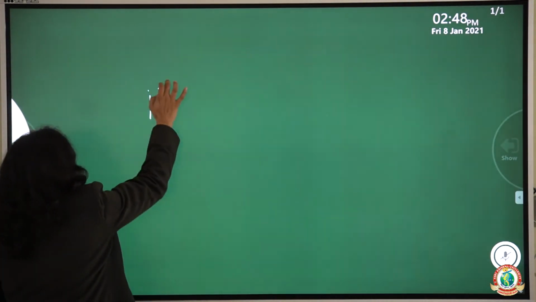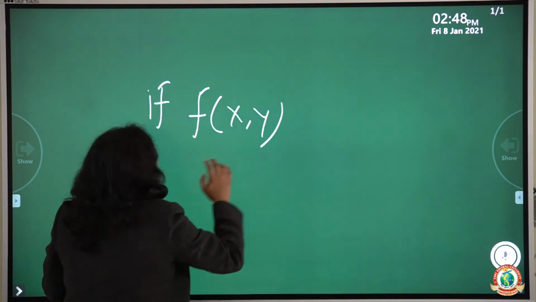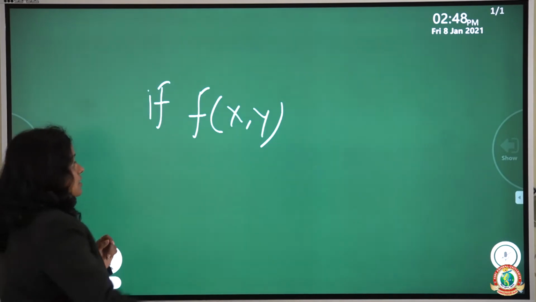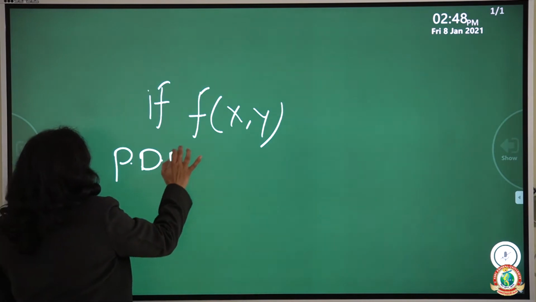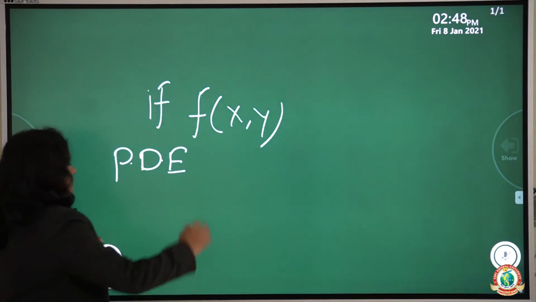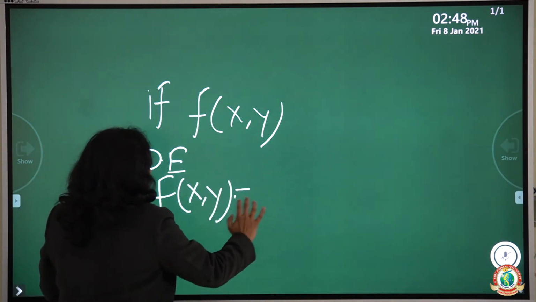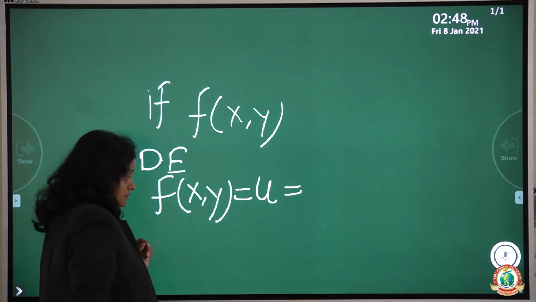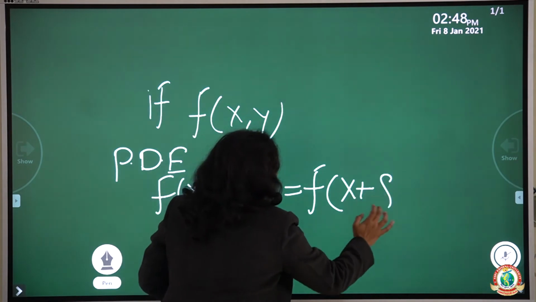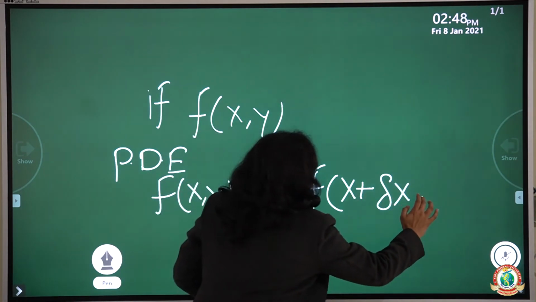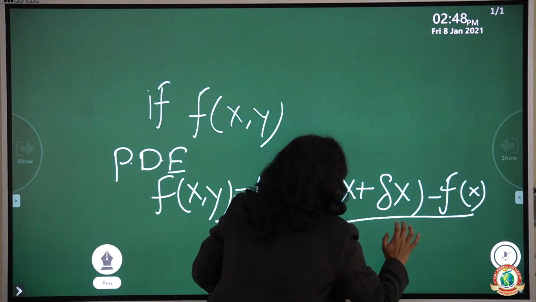If f is a function of x and y, then the partial differential equation is defined as f(x, y) = u = (f(x + delta x) - f(x)) / delta x.